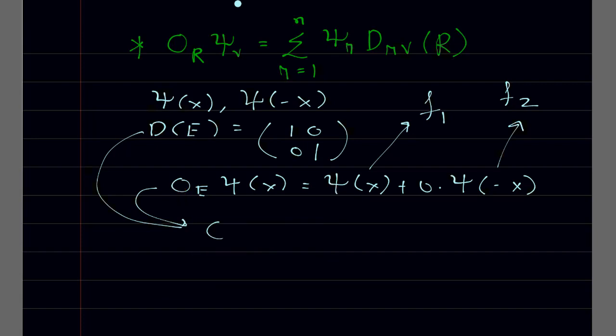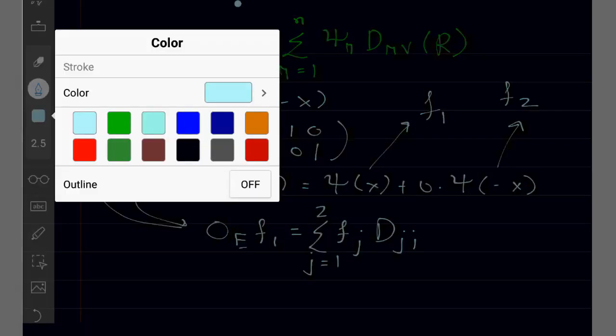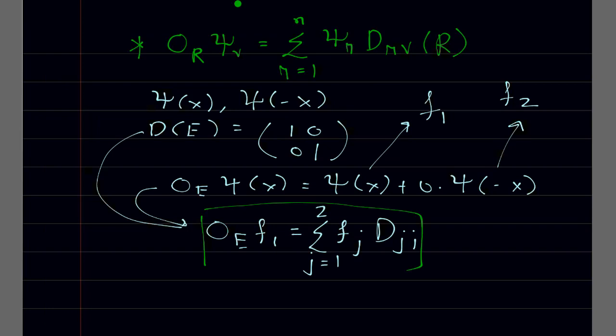So OE on f1 can be written as summation j goes from 1 to 2 of fj dji. This means the same thing as I've written above. So this is the same thing as this.